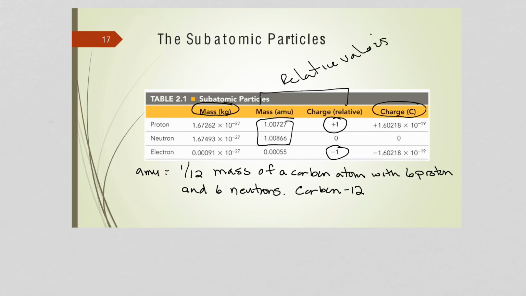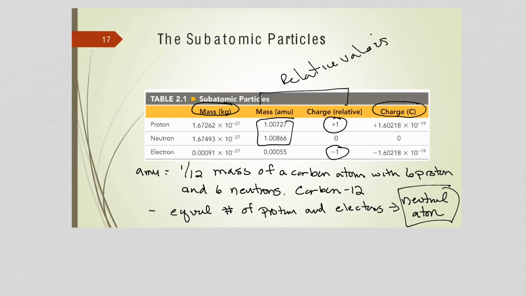So within an atom, equal numbers of protons and electrons give a neutral atom.